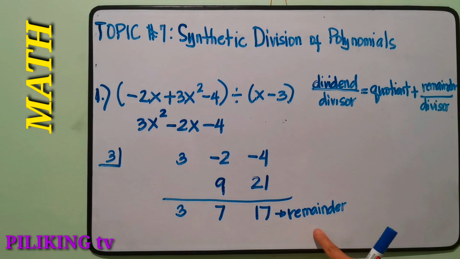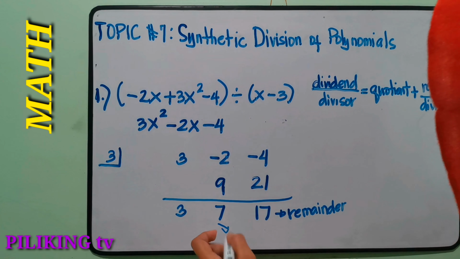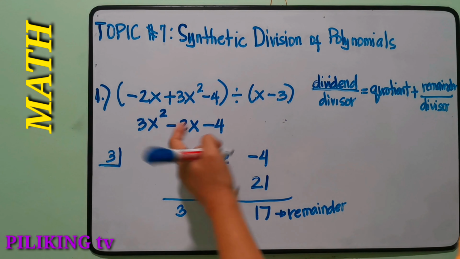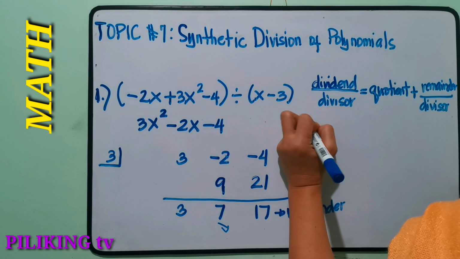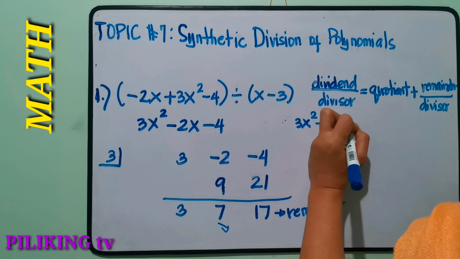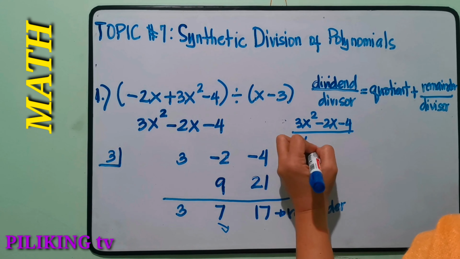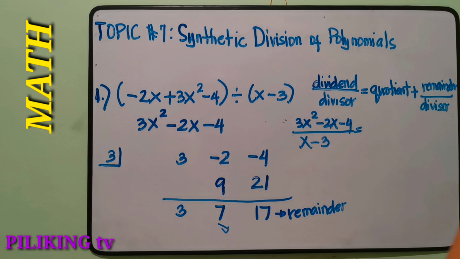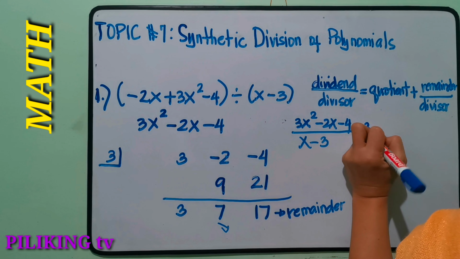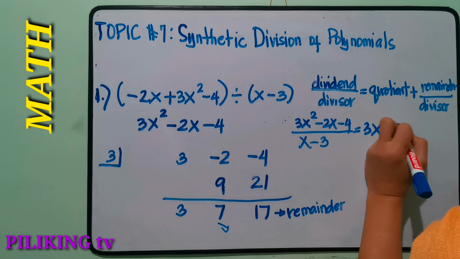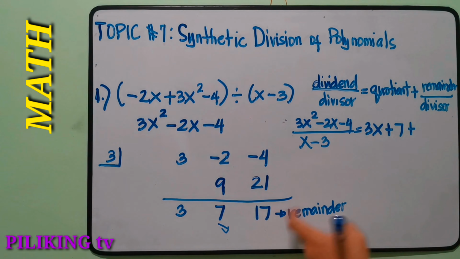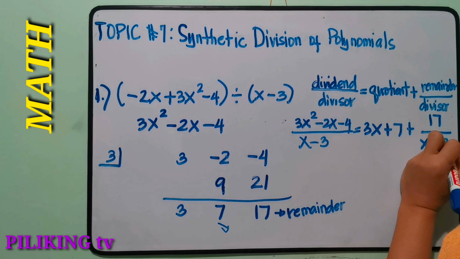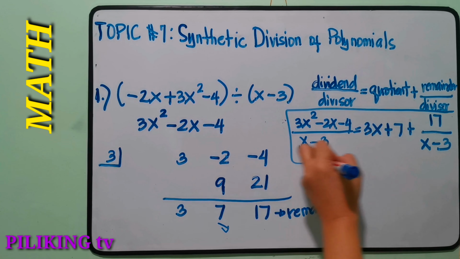Since 17 is our remainder, the next one is the constant, and 3 is the numerical coefficient of x. So the dividend 3x squared minus 2x minus 4 over the divisor x minus 3 is equal to our quotient, 3x plus 7, plus our remainder 17 over the divisor x minus 3. This will be the final answer.